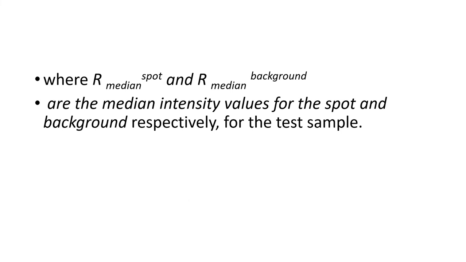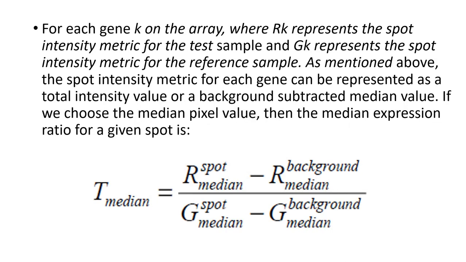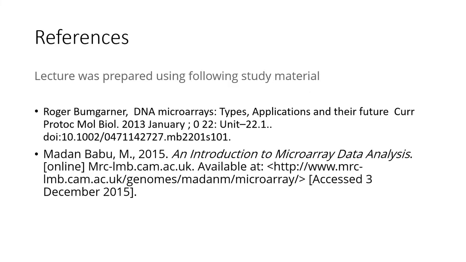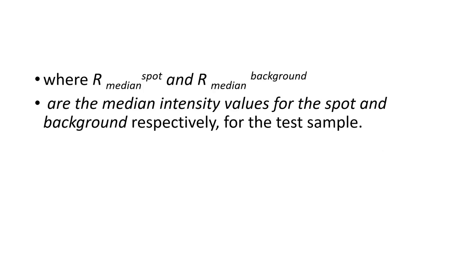Here R median spot and R median background are the median intensity values for the spots and background respectively for the test sample. R refers to the test sample and G refers to the reference sample. These are the references where you can read more about the intensity ratio. Now this should be clear.